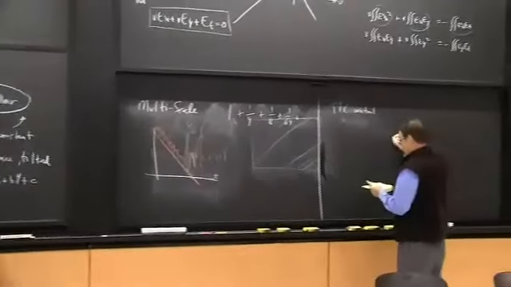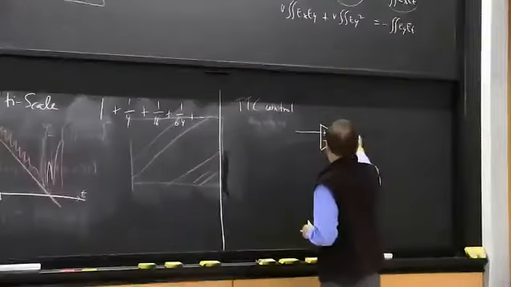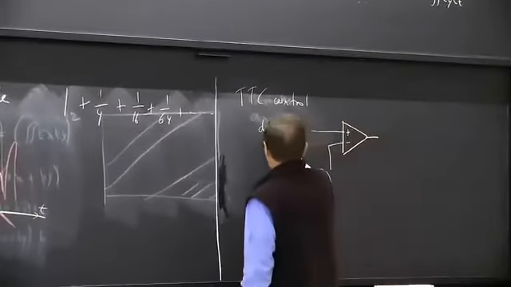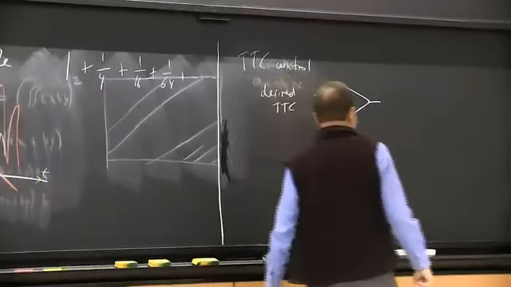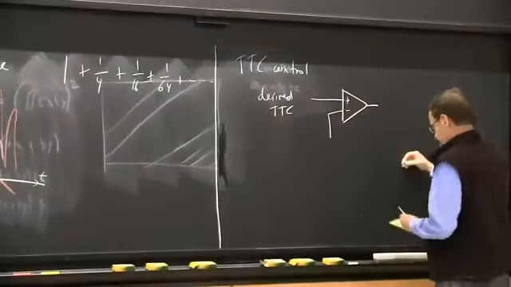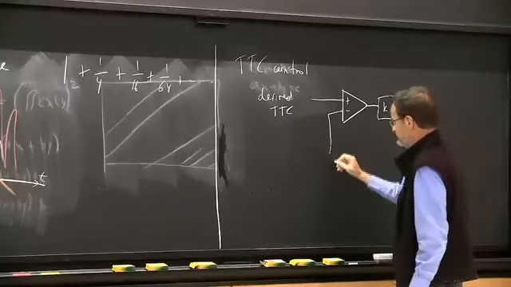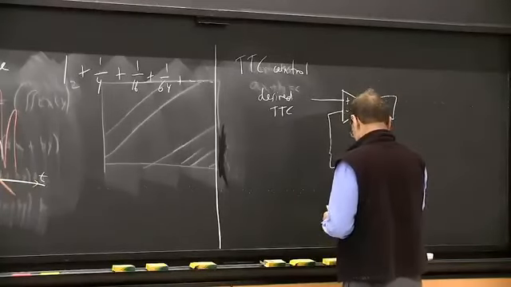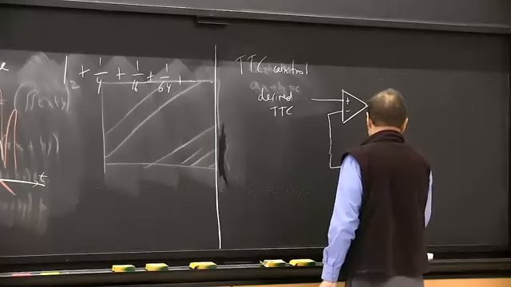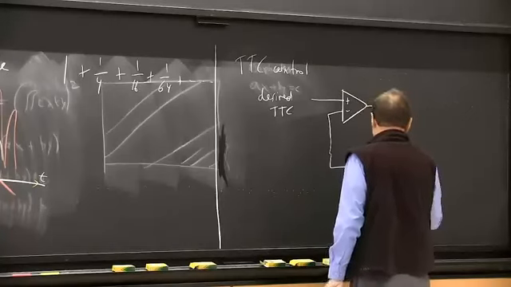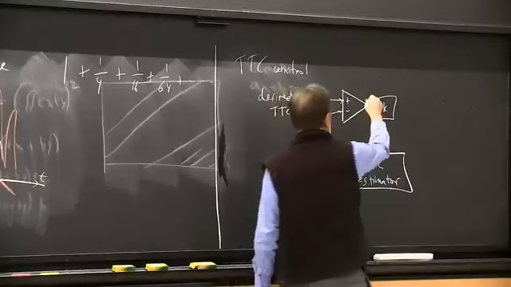Okay, so we have a typical control system. We input some desired time to contact. Then we have an actual estimated time to contact, and we subtract the two, and that gives us some kind of error signal.